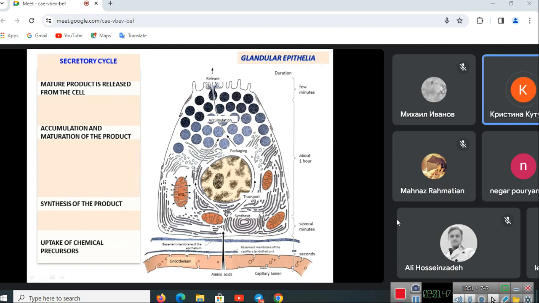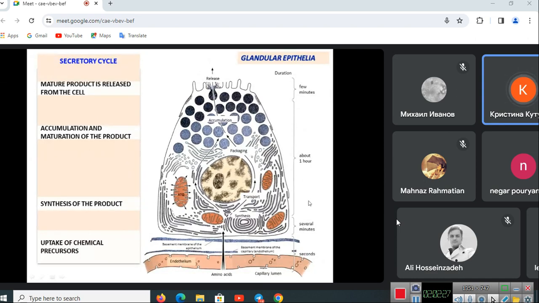Then this product, with the help of vesicles, goes to the Golgi complex where it is changed somehow and packed into vesicles. So here is the accumulation and maturation of the product in the Golgi complex, and then the vesicles containing proteins accumulate in the apical surface of the cell up to the signal for the cell to release these granules. So the last stage will be releasing of the mature product from the cell.